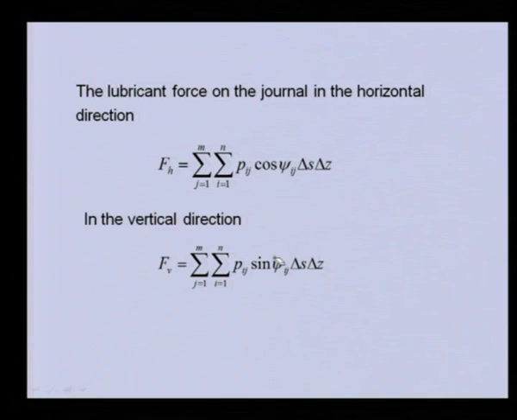Similarly, if we take sine of that psi, then we will get the vertical direction force. Basically, the general weight acts in the downward direction, but there is as such no horizontal force. So basically we need to find these pressures iteratively using the previous recursion relation, such that this force is equal to the weight of the journal, but this should be 0 because there is no net force in the horizontal direction.